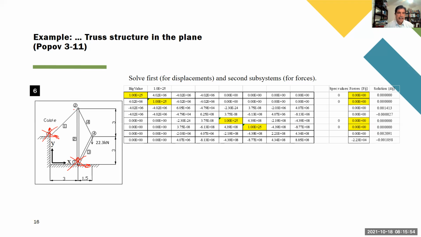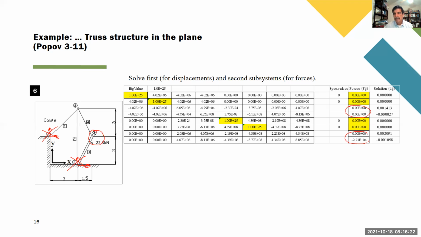Now, what else? Here, in joint 2, the external force is 0. So that's what we're saying here, that the external forces are 0. I'm sorry, this one here. And also here, you see that in the X direction, there is no force. In the Y direction, this is the force, but it has to be negative. That's what we are saying here.